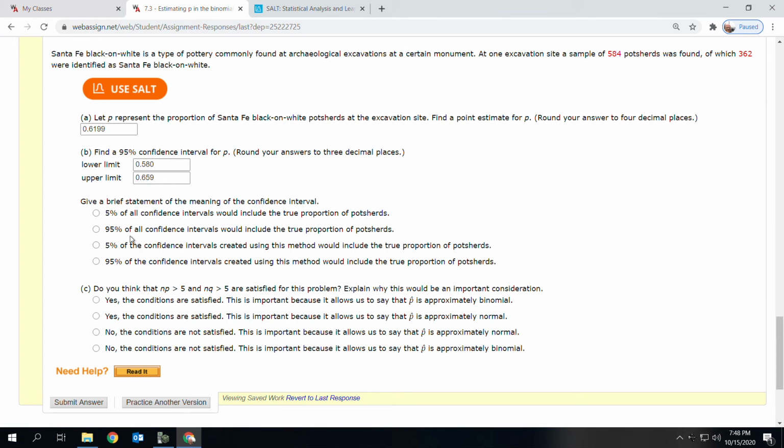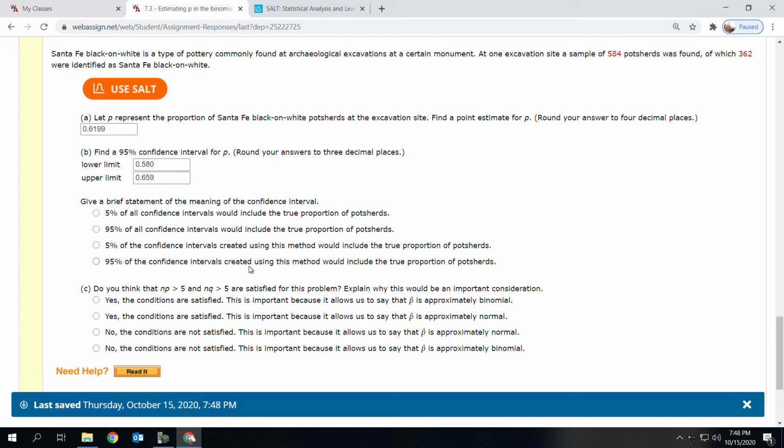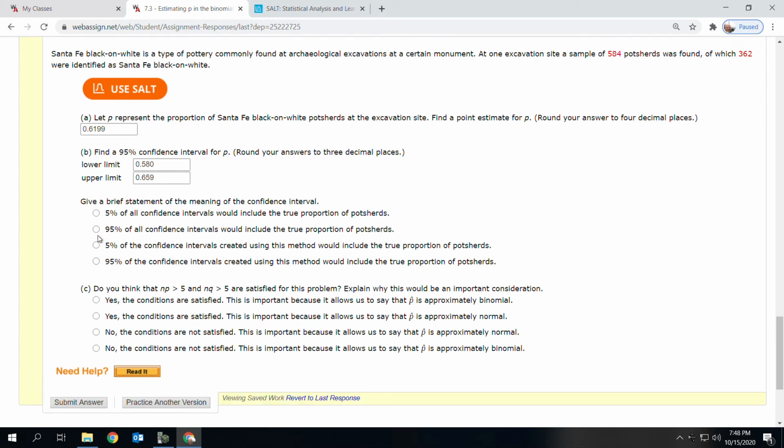Okay, we're 95% confident, or excuse me, 95% of all confidence intervals would include the true proportion of, I don't know what that is, potsherds? Probably should have looked that up in the first place. NP, if we take 584 times 0.62, that's well over 5.